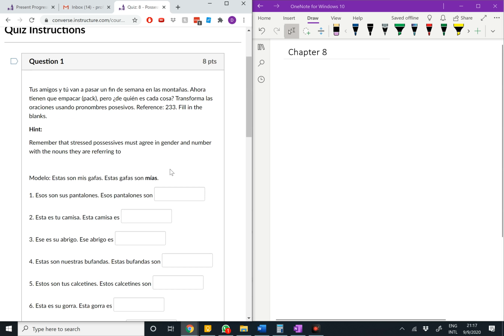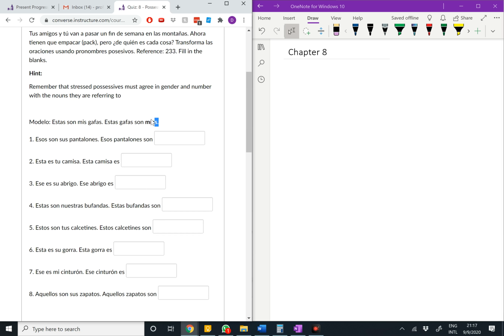In this question, which I failed to number, we're going to be looking at the possessive pronouns, which are in your book on page 233. So esos son sus pantalones, esos pantalones son. The first thing we're going to look at is which form to use.